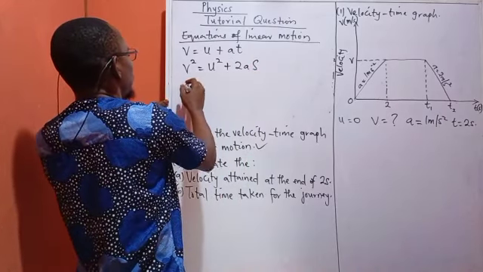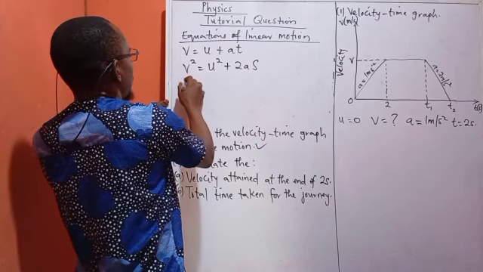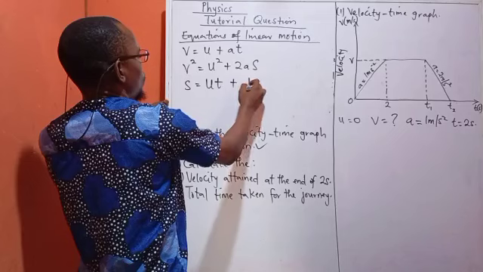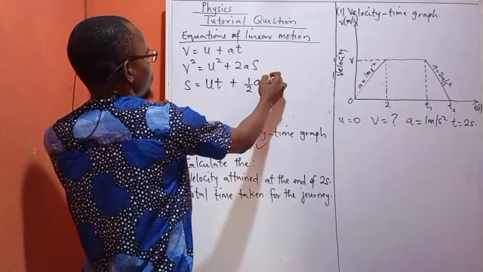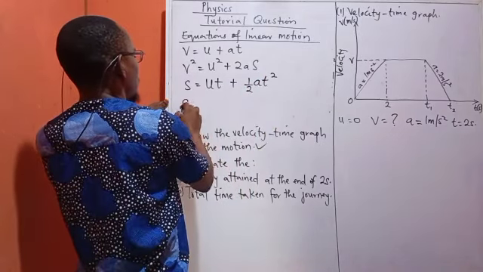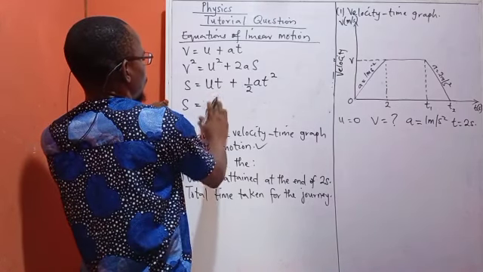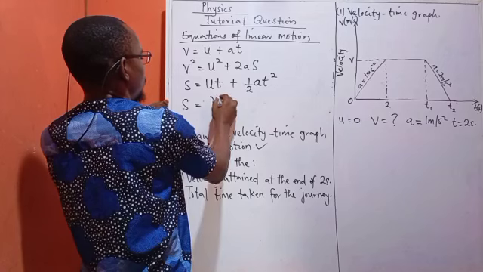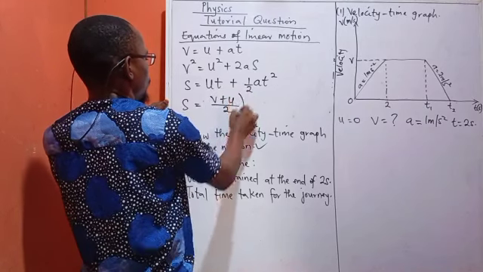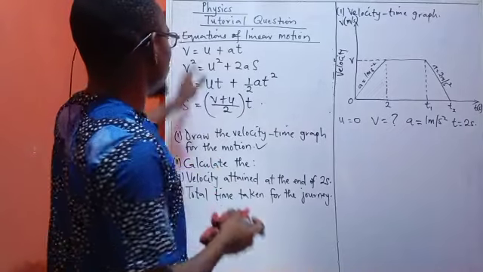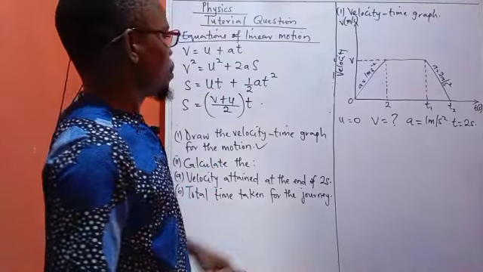We have s equals ut plus 1 over 2 at squared. Then we have s equals (v plus u) over 2, times t. So these are the equations of linear motion that we have.